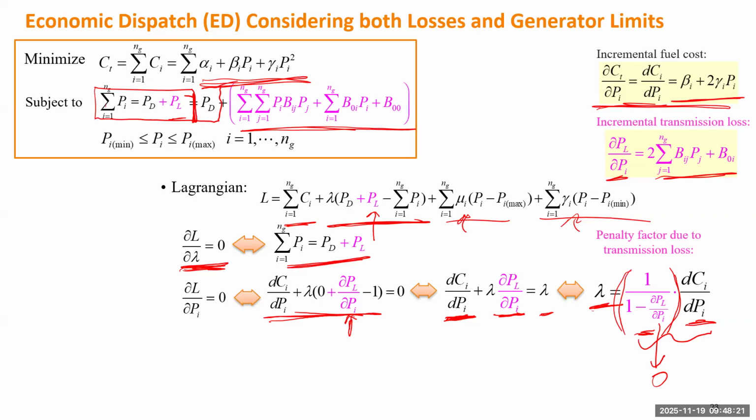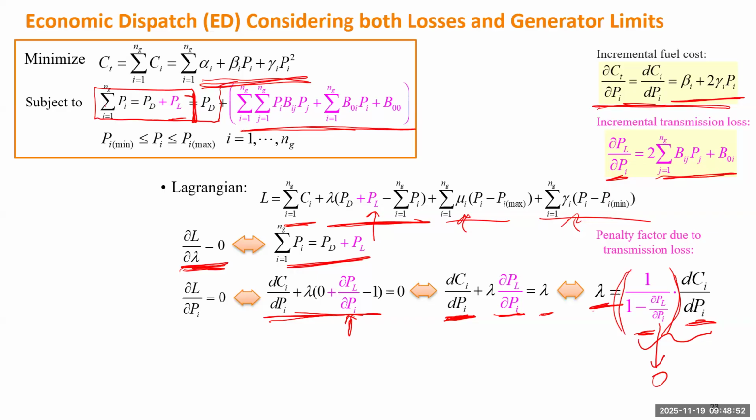Okay, does that make sense? In this slide, if you get rid of any items colored in magenta, that's exactly the same as the formulation of the original one without transmission loss. So finally, transmission loss only changes here. If you understand what this means, you know why we do this and how we solve the problem.